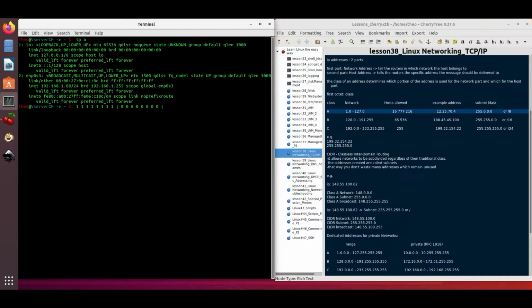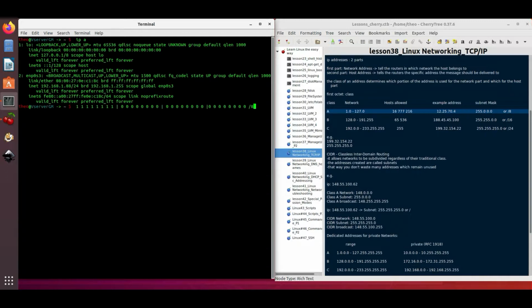And the third octet would be exactly the same, and the fourth octet would also be exactly the same. And now this is an example of a /8 network subnet mask, because the number of ones is 8. 1, 2, 3, 4, 5, 6, 7, 8.